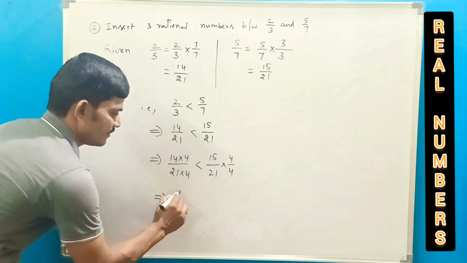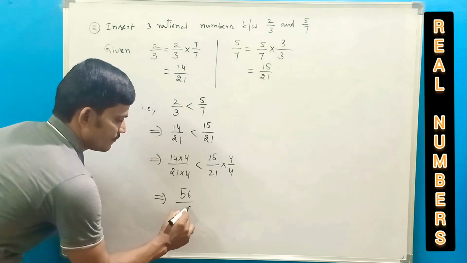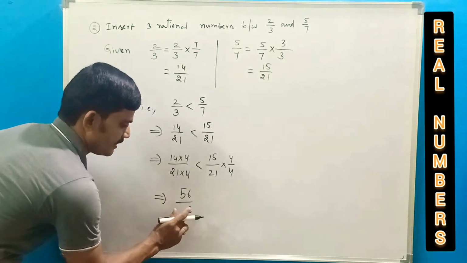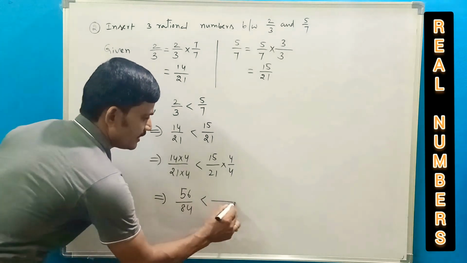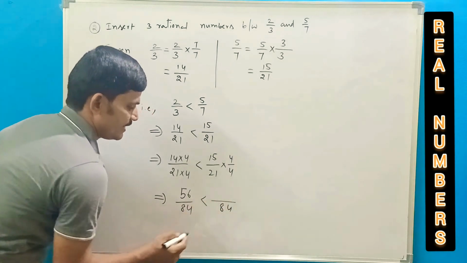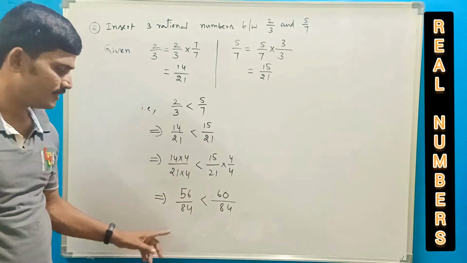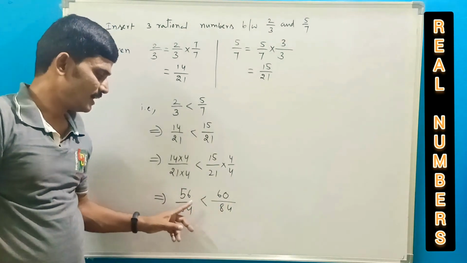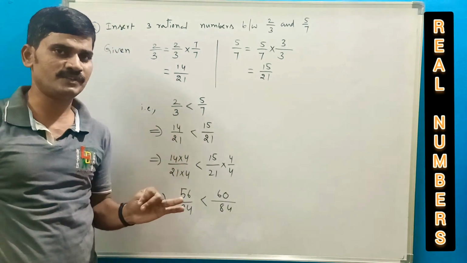That is 14 fours, 56 by 4 1 is 4, 4 2 is 8, that is 84. Similarly, 4 2 is 8, 15 4 is 60. Denominators are equal, and between 56 and 60 you can observe 57, 58, 59.